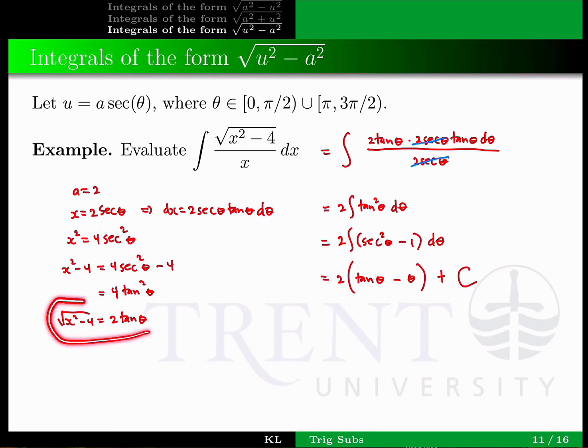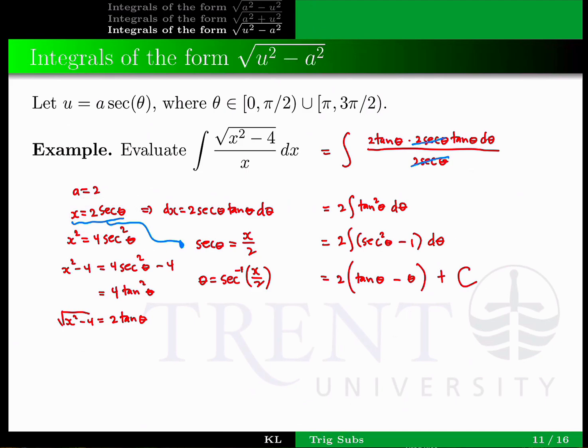Tangent theta will be coming from this one here. For the theta, we use our original substitution, so we can find that one. From this here, we will have secant theta equals x over 2, and theta will be secant inverse of x over 2.